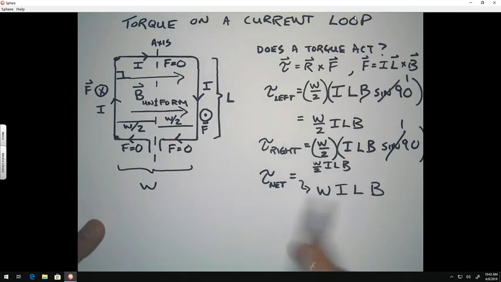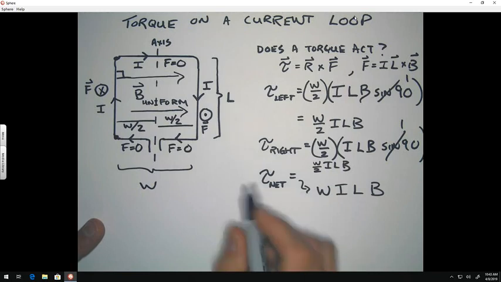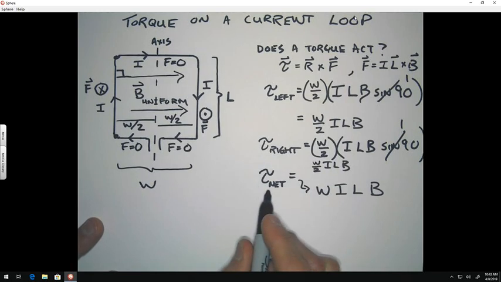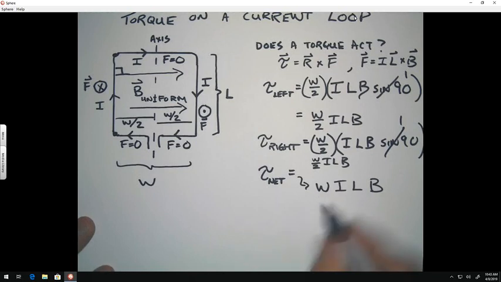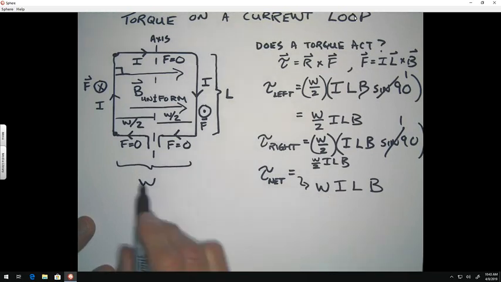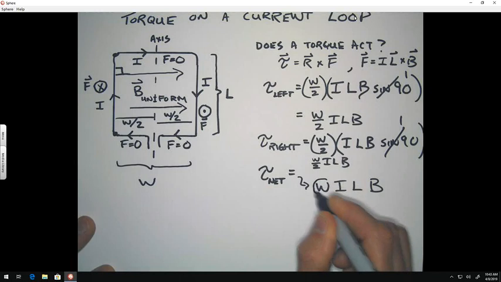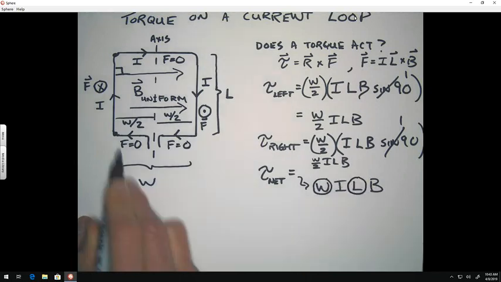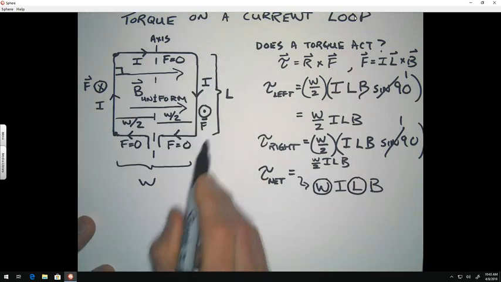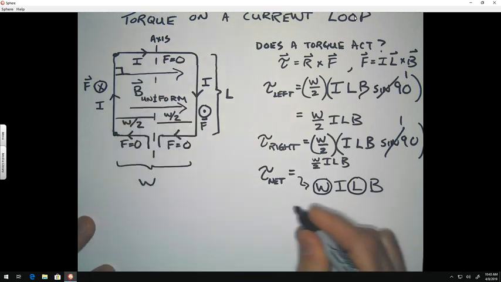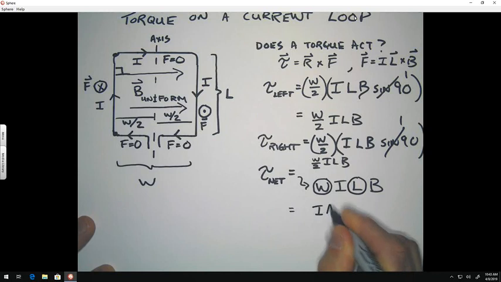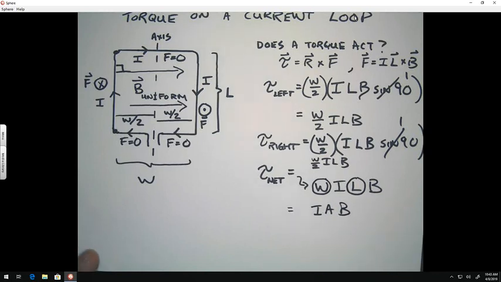All right, let's then look at this result. This is important. So we have a net torque on our loop. If I were to recognize that W times L, width times length, is actually equal to the area of this loop, I could write this in a simplified way. Okay, so A is now my area.